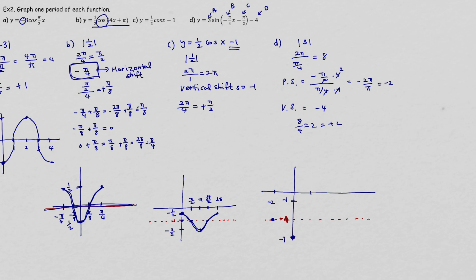And then the next 2 will be coming back. The next 2 will be going up. And the next 2 will be coming back. So that's the graph you have for function D.